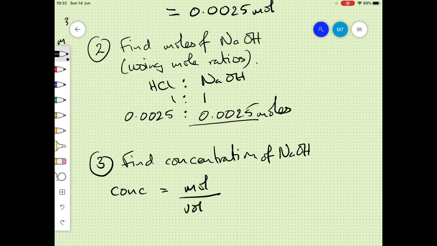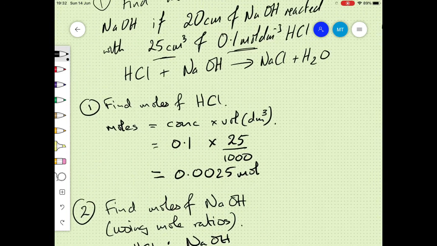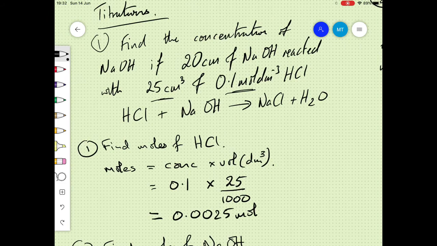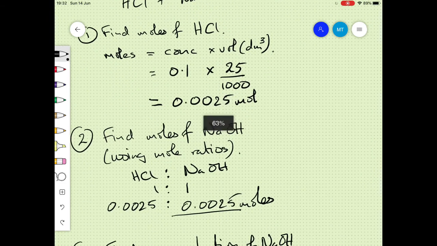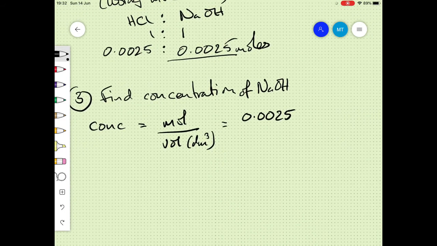Now we know the moles from the question earlier. The moles should be 0.0025, but we need to go back and check what volume of sodium hydroxide it was, and it's 20 centimeters cubed. There you go, that should be cubed.